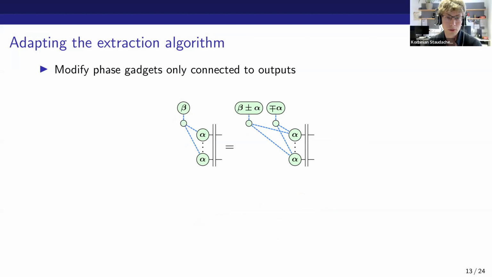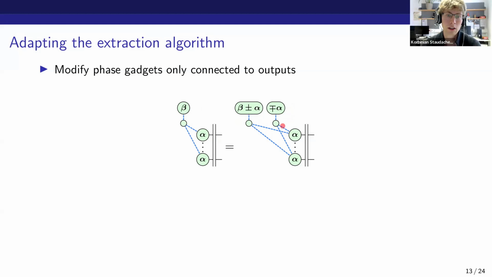And we can also use kind of a gadget unfusion if the phase in the gadget doesn't match what we want as a phase alpha. So then you may remember there's this gadget fusion rule in graph-like diagrams, which was used quite a lot to optimize non-Clifford spiders in diagrams.